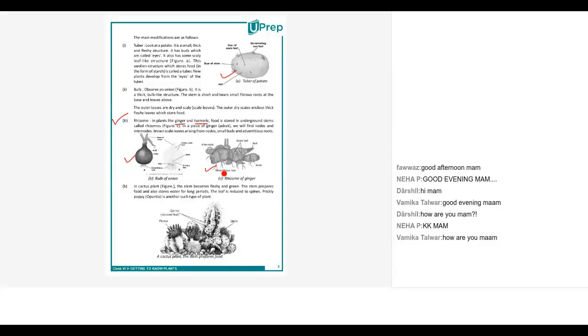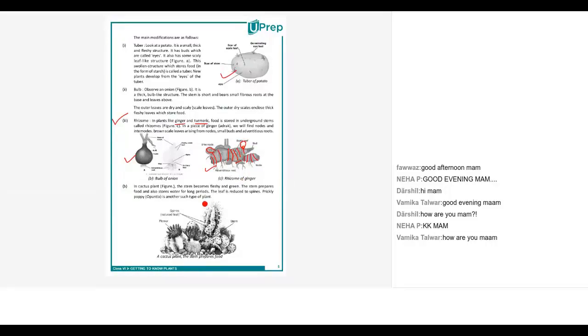Now, what happens is that ginger, all of you must have seen ginger, has very clearly marked nodes and internodes. I hope by now all of you know what nodes and internodes are. From these nodes, there will be a small outgrowth coming out. From here, there will be a bud. The bud will grow, and from here again, a small piece of ginger will come out.